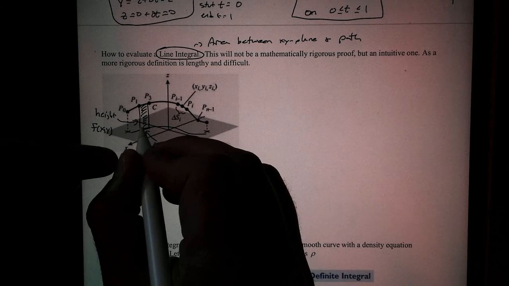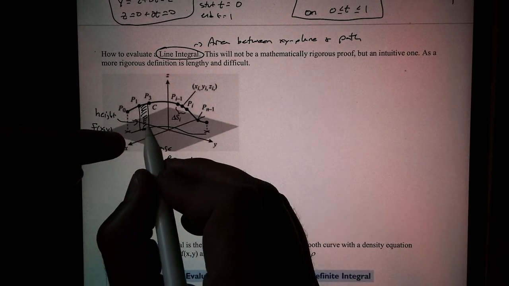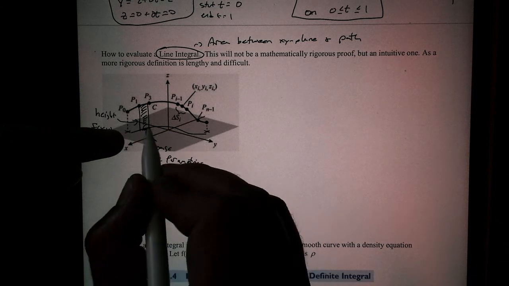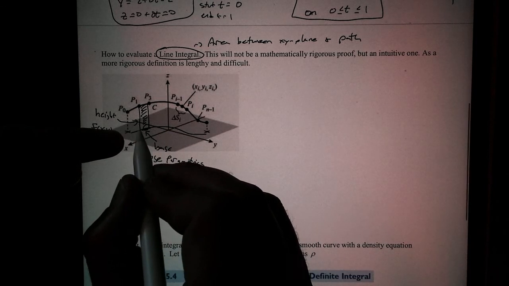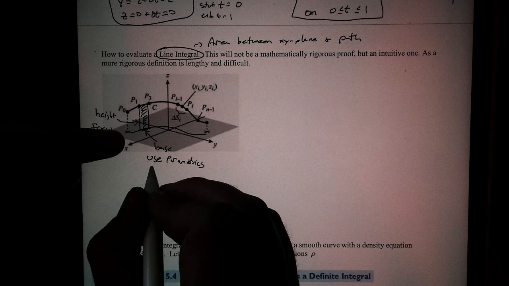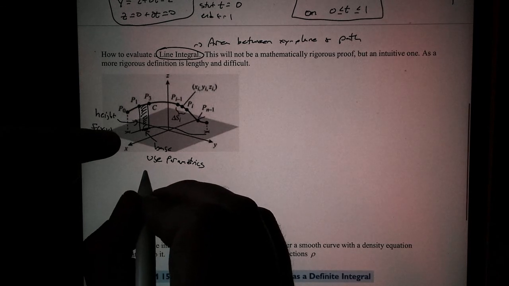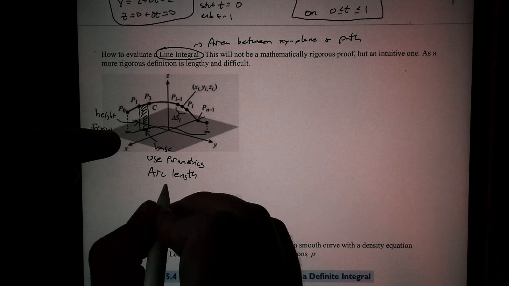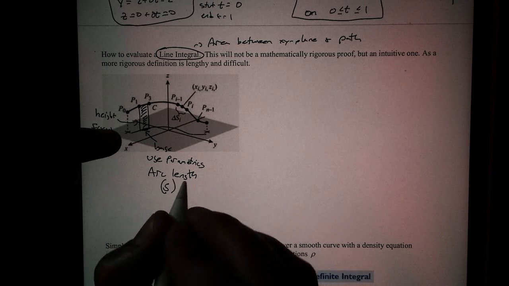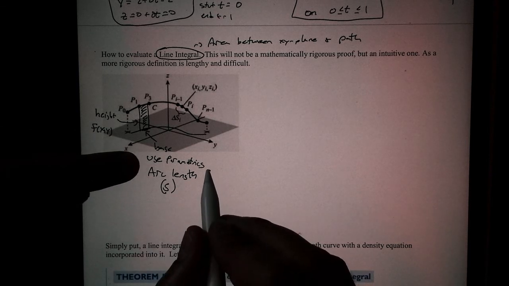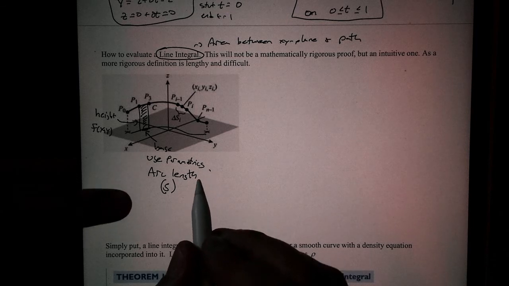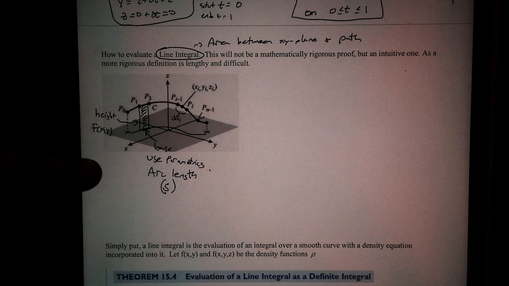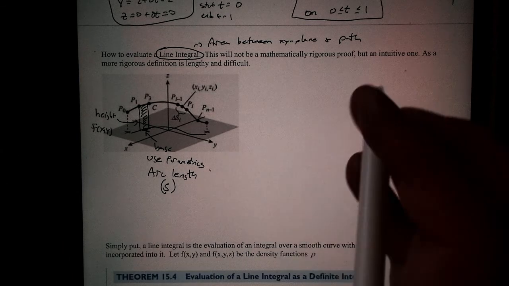Now, this base is also on this projection. I know that I can find the equation of this projection, and this little piece right here is an arc length. So the base is an arc length, which we call s. And to find the arc length, it's a lot easier in parametrics than it is in any other form. So that's the reason why we really want to use parametrics.